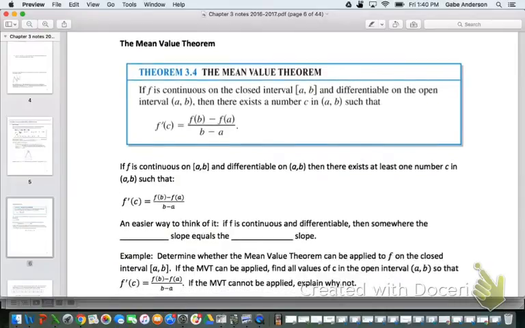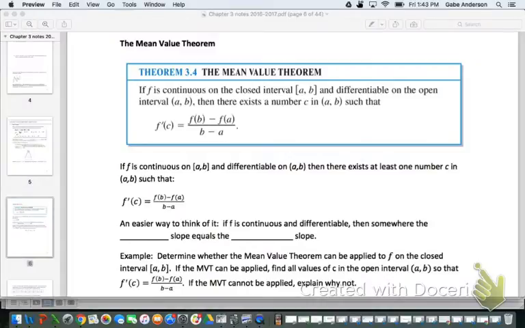And by the way, you guys know how every rule has conditions: continuous on the closed interval, and differentiable on the open interval. So this is basically saying, if there's not a wormhole, teleportation thing going on, or you don't have a car that can instantly change its speed, like in no time at all.